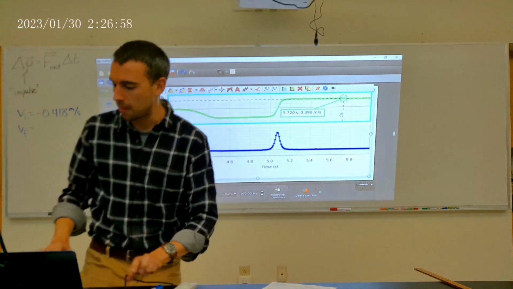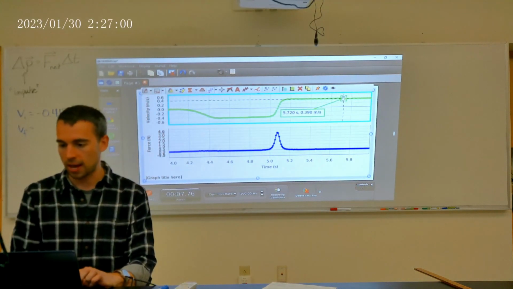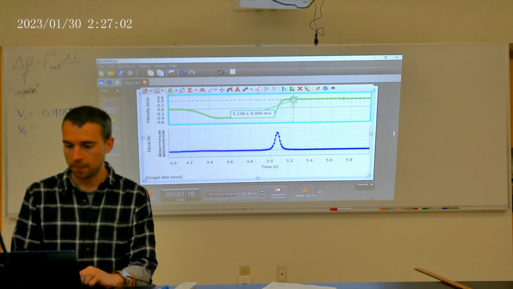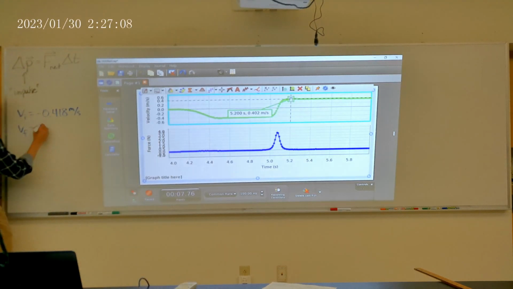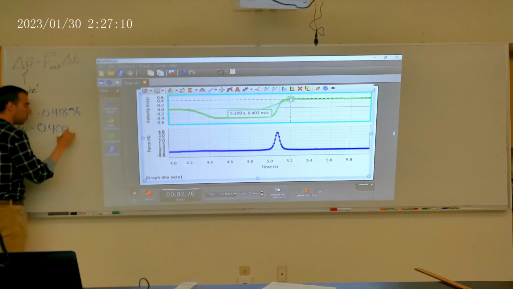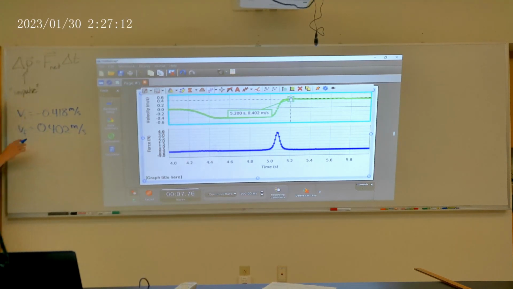There's a delicate balance of knowing where to select. So you'll want to pick maybe a velocity right around here. And I left with a velocity of 0.402 meters per second. If you needed to calculate a change in velocity, we do final minus initial. I'll have a 0.4 minus a negative 0.4.